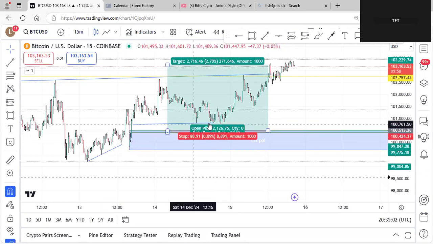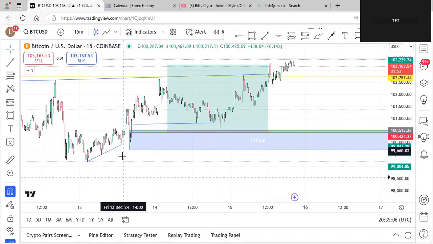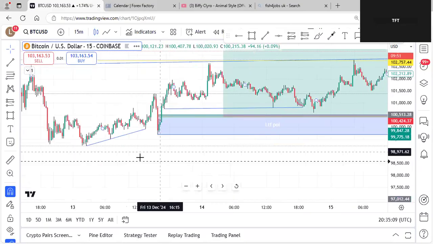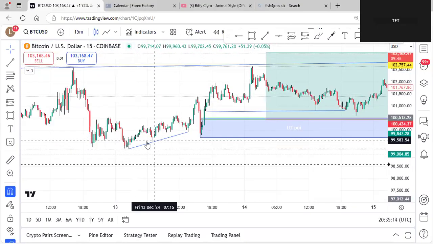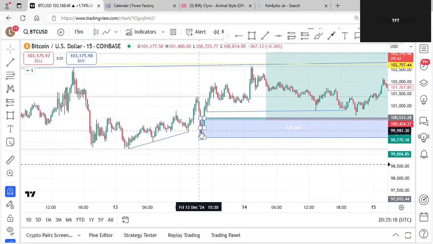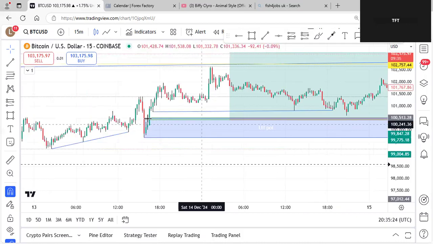I noticed this trend line here. That was the first thing I saw, and then I went diving a bit deeper, and I see this trend line sweep. This filled an imbalance in here. I'll get to that in a minute.